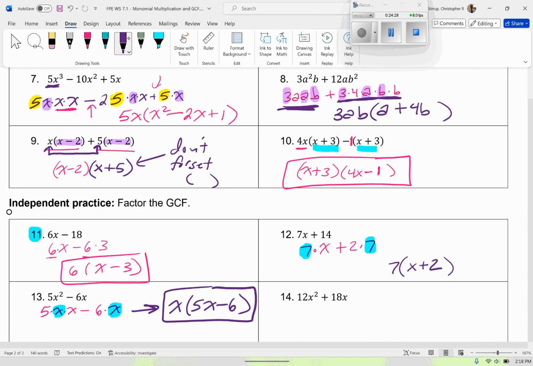So you have 2 and then 2x squared plus x plus 5. Because 2 times 2x squared is 4x squared. 2 times x is 2x. 2 times 5 is 10. All right.